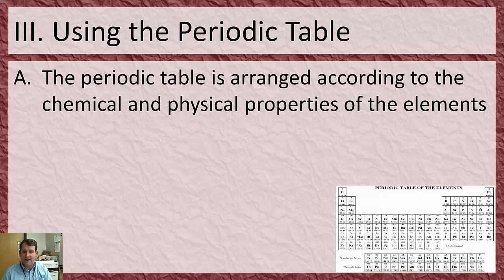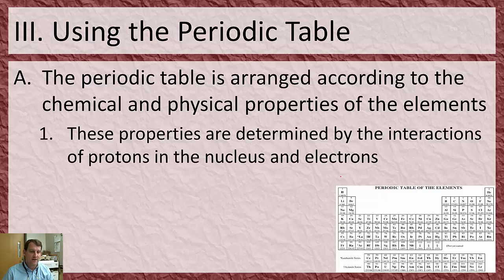And people started finding, hey, if we stack the things that have similar properties, so all of these halogens react in a similar way when we react them with stuff, they started grouping them into this vertical group. And when they did that, they saw, oh man, look, a lot of these things just line up really, really well with things they react with similarly. And then we found out that that's because they have similar electron structures. So this periodic table actually tells you the electron structure of the atom.